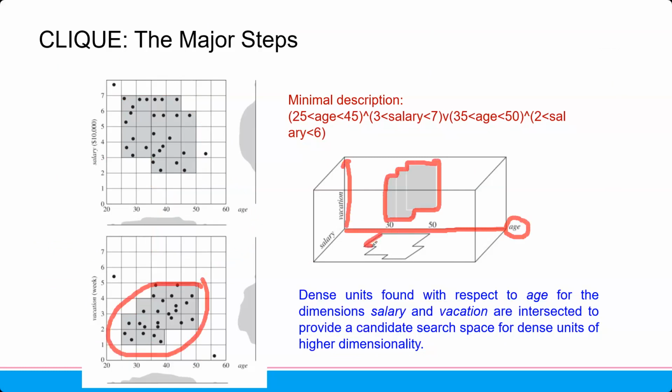And based on the salary, we have this cluster. After you have the cluster on the salary and the cluster on the vacation, then you can make them into one, and we have the aggregated cluster between this cell and this cell. So that's the dense unit with respect to age, salary and vacation.